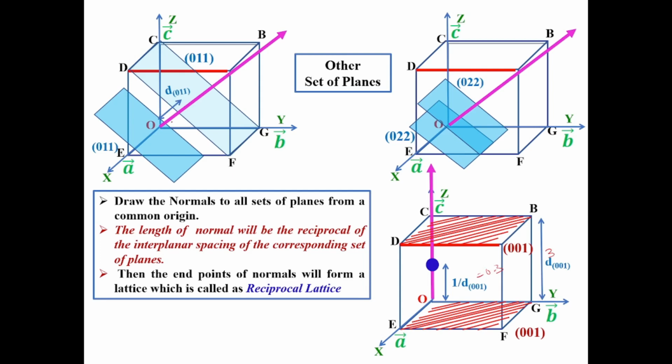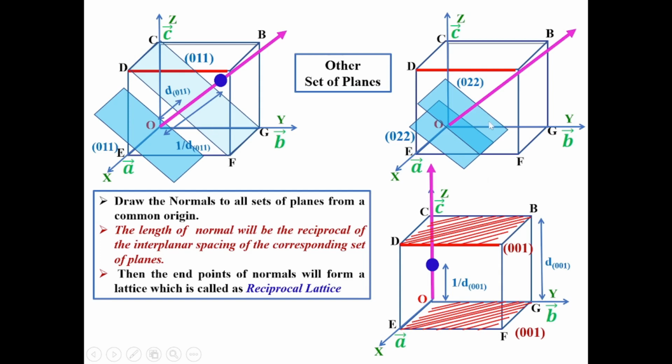If we consider this spacing to be 2, suppose 2, then its reciprocal will be 0.5, which is greater than 0.3. So the reciprocal of D011 will be this much length, larger than this length, as we found by considering one example. Okay. So from the origin up to this much, we have to move on the normal, and we put the point. This point is called the reciprocal lattice point of this plane.